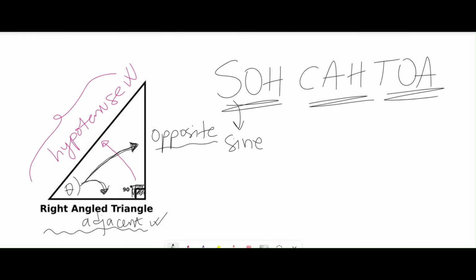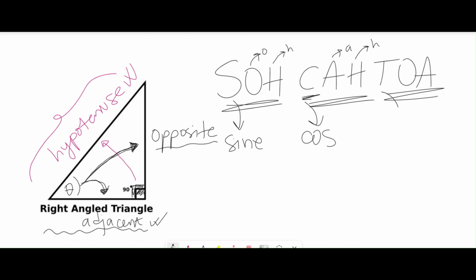Now, O stands for opposite, H stands for hypotenuse. And then we have again, C stands for cosine. A is adjacent, H is hypotenuse.